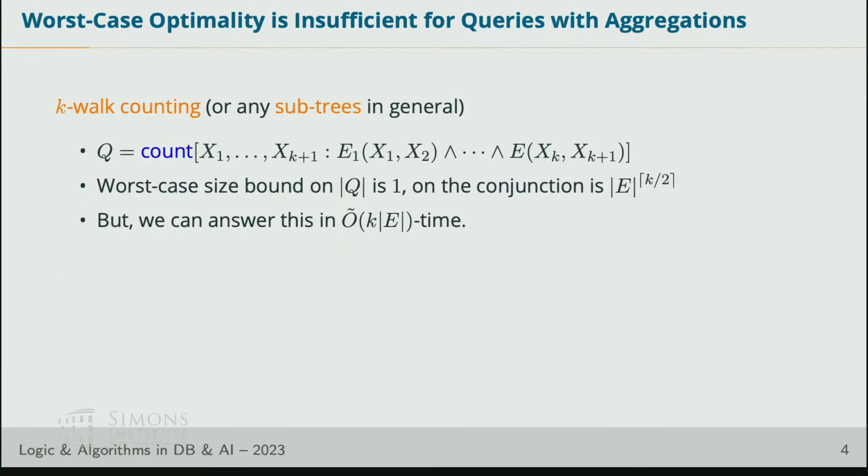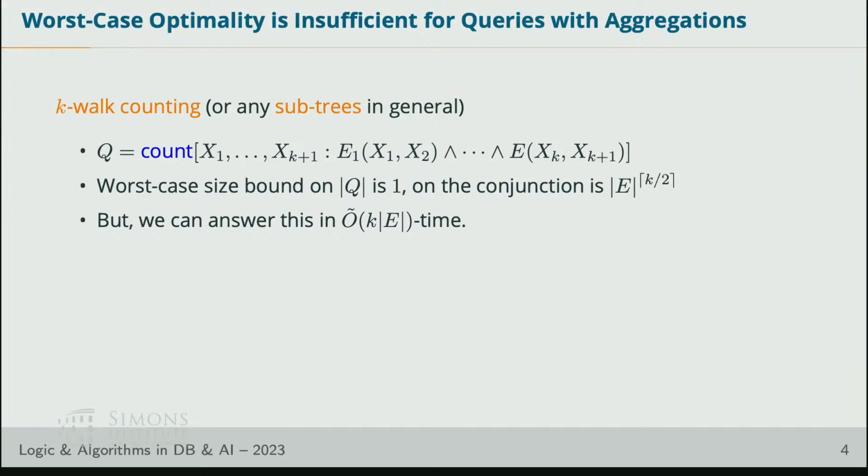Another example is, let's say you would like to count the number of k-walks in a graph. What that means is that we have k plus 1 vertices from x1 to x_{k+1}, and we want to know how many ways there are to walk from x1 to x_{k+1}. Now, in this case, if we apply the worst case size bound to the body of the query, then we'll get something like E to the k over 2.